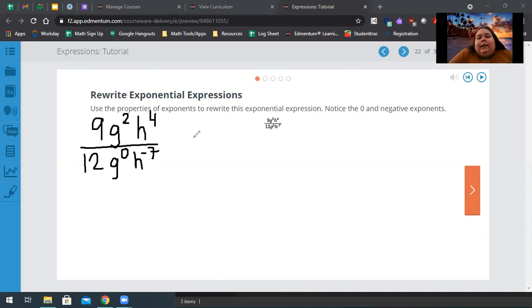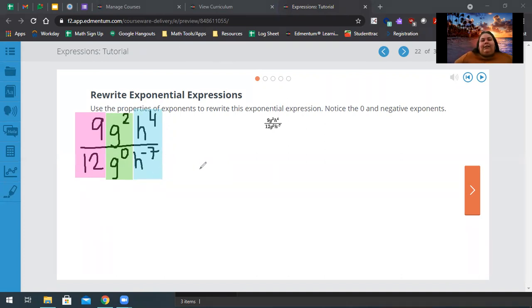So one of the things I like about math is that we can pretty much break this up into pieces. There's multiple ways of going about this, but I'm going to break it down a little bit more, like I said, color code. We're going to take care of the 9 over 12. We are going to take care of the g's because they line up perfectly with each other. And then the h's.